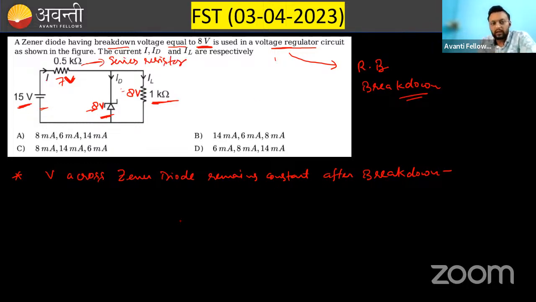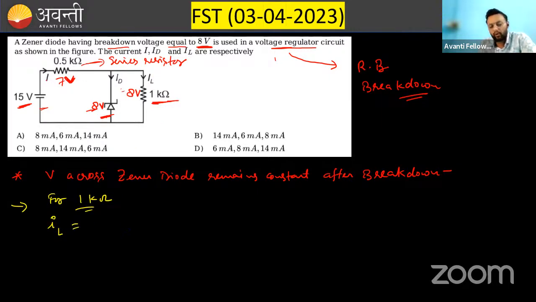Now I will solve this question. For the 1 kilo ohm resistor, we know the potential and we know the resistance, and the current in this resistor is given as IL.